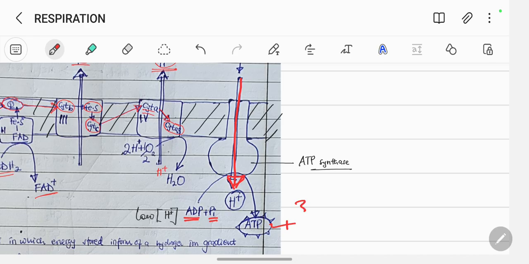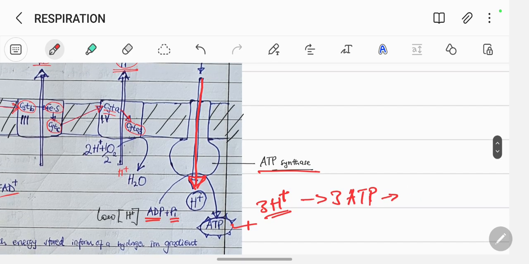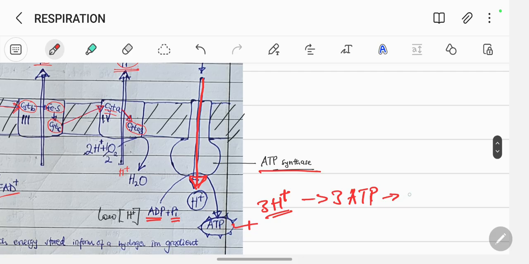Then the other one comes. So 3 hydrogen ions passing through our ATP synthase are going to produce 3 ATP molecules, and that one is going to be related to NAD, reduced NAD.